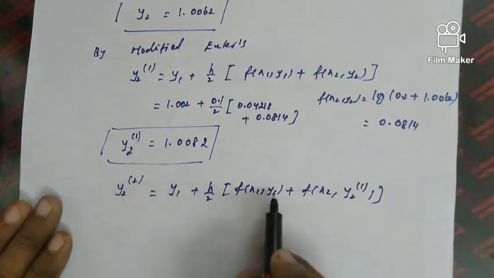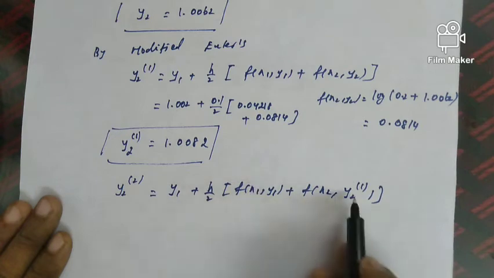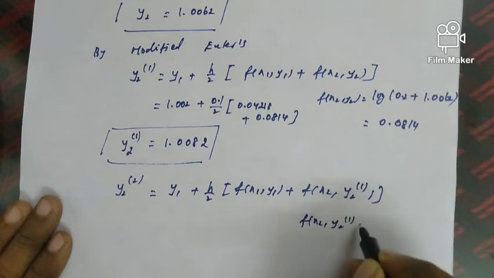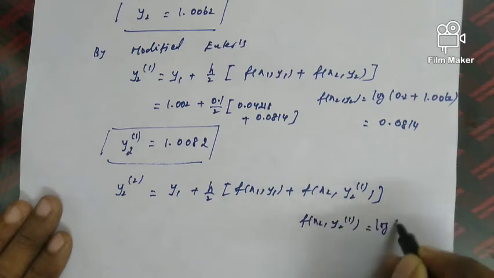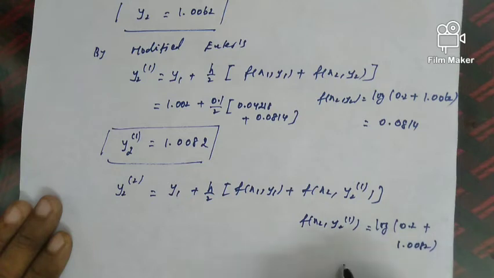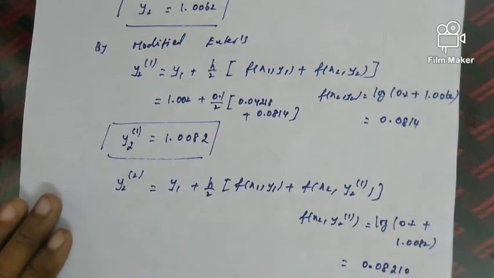Here y1, h, f of x1, y1 are all known; we only have to find f of x2, y2 of 1. So f of x2, y2 of 1 equals log of x2, which is 0.2, plus y2 of 1, that is 1.0082, which equals 0.08210. Now substitute all the values here.